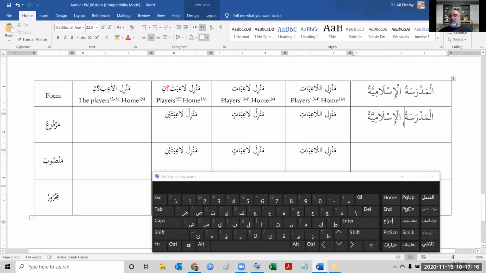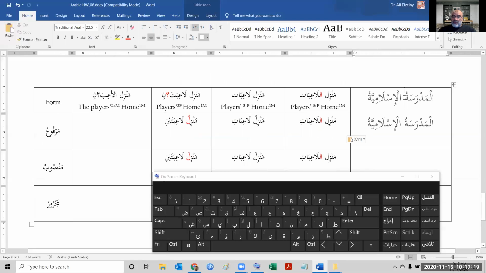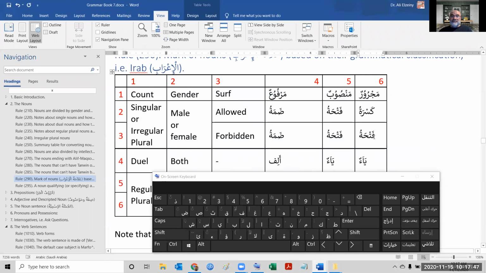When I give you the question, I'm going to remove this, because I want you to figure it out. Okay, so madrasa, المدرسة. It has alif lam, so no tanween. It ends with ta marbuta, so it's a singular female. We go back here and see the singular female.